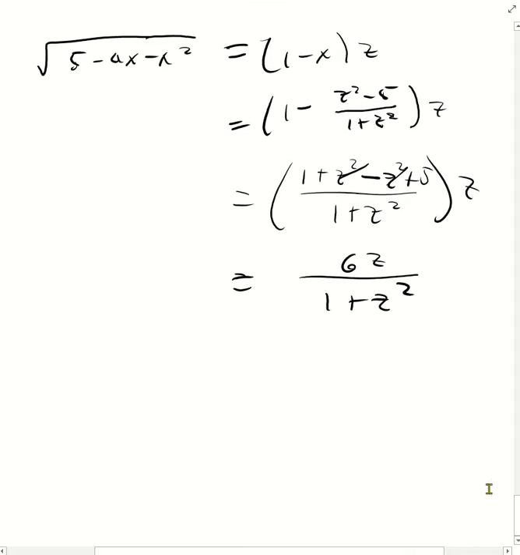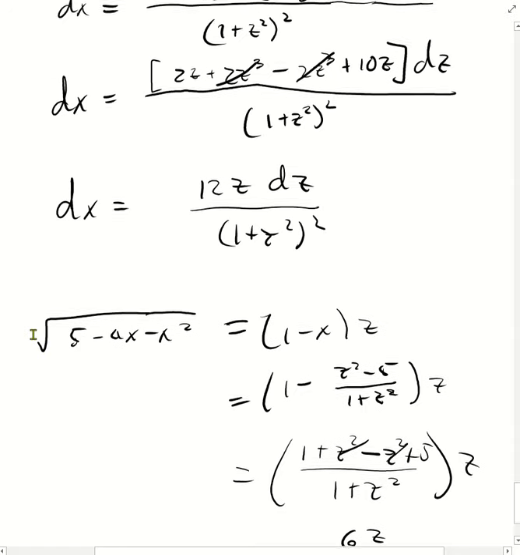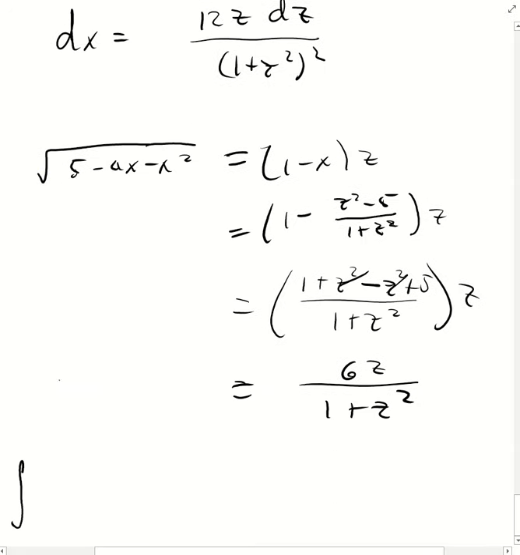So let's do the substitution. The numerator contains x, so we have x equals z squared minus 5 all over 1 plus z squared. And then you multiply it with dx.